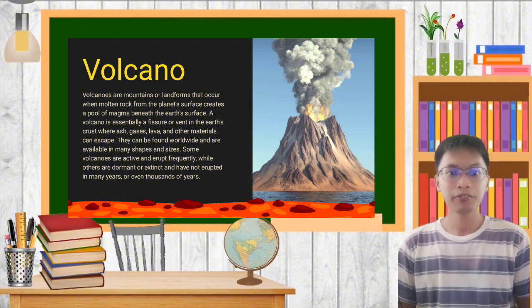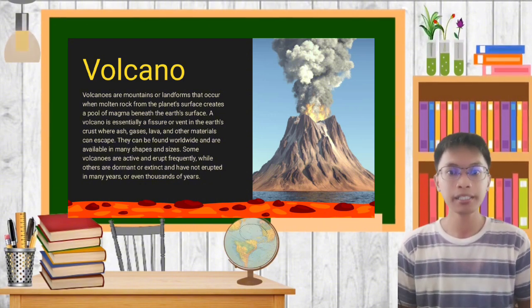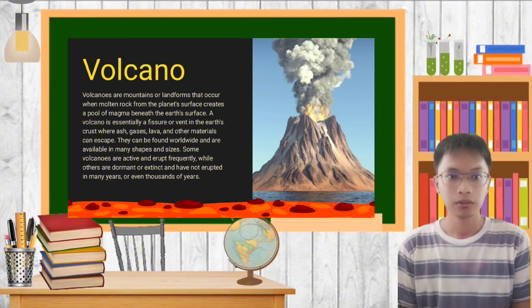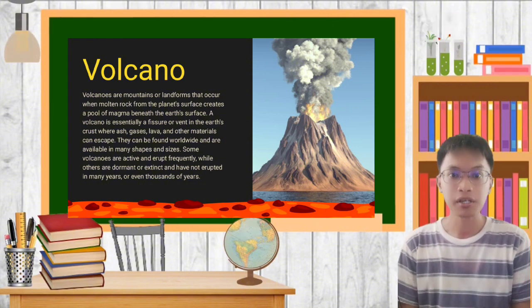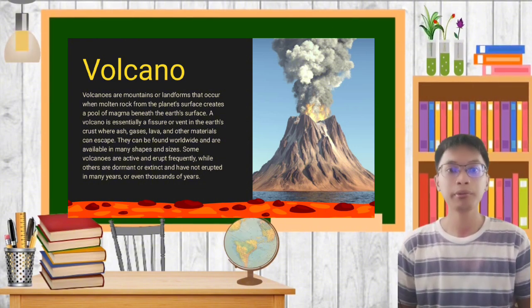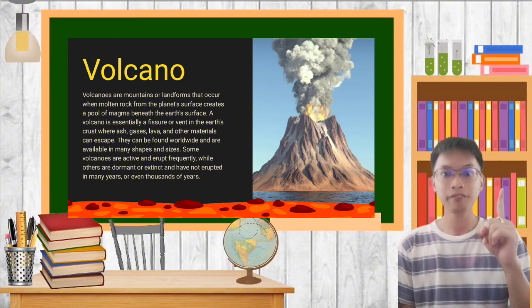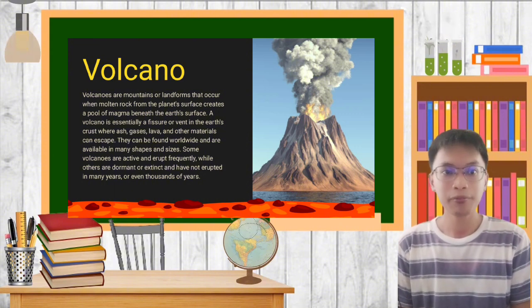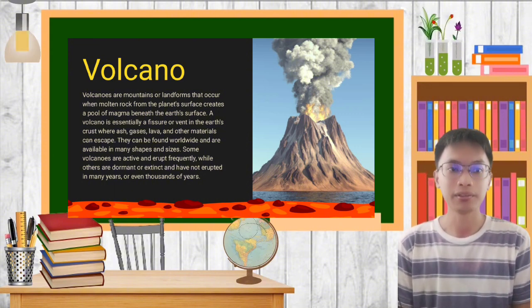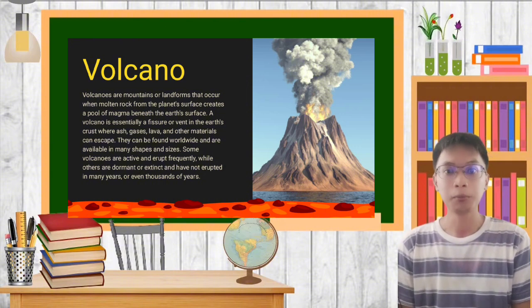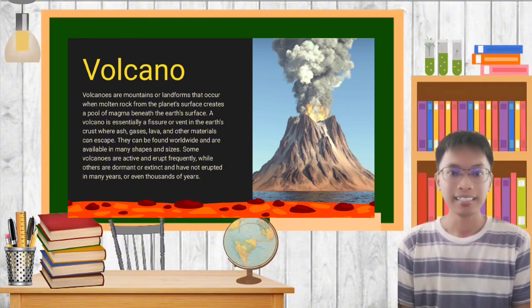Some remain dormant for centuries, meaning they didn't erupt for hundreds of years, while others erupt frequently, spewing lava, ash, and gases. Fun fact, do you know that the world's largest active volcano is Mauna Loa? It's a shield volcano located in Hawaii.